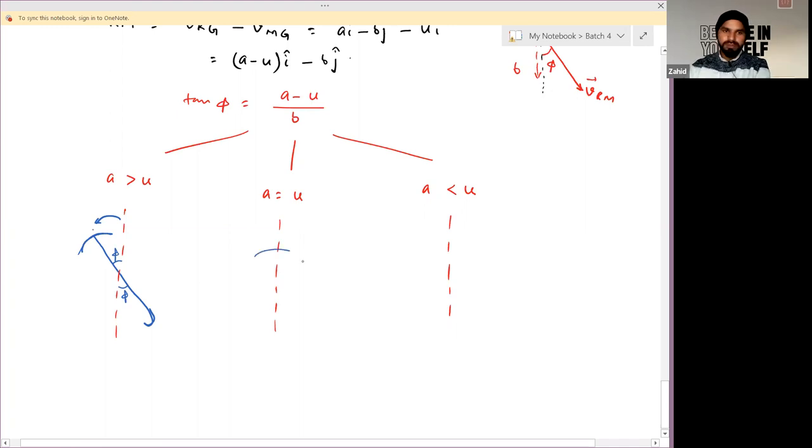So we should hold it vertically like this. In third part, if a is less than u, it means phi will be negative. It means angle will be along this direction, or you'll say we must bend towards east at some angle phi. So it will be towards east and it will be towards west.